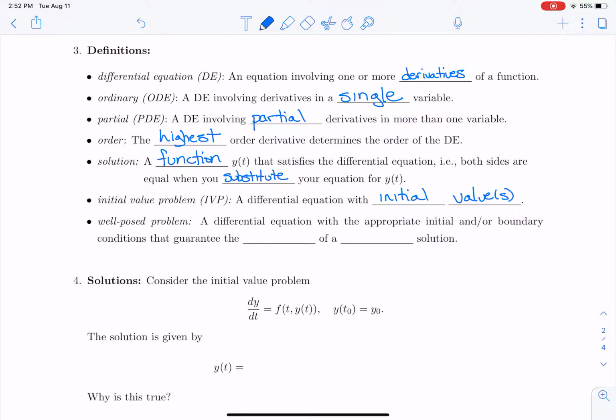Generally, those are the problems we're going to be solving because they represent some sort of physical phenomena. We're not just having an equation that relates the rate of change, but we need to know where things start. A well-posed problem is a differential equation with appropriate initial or boundary conditions that guarantee the existence of a unique solution.